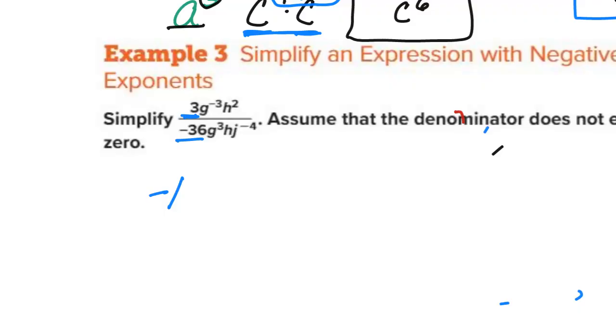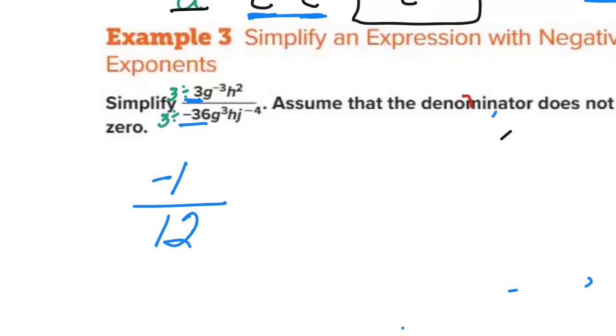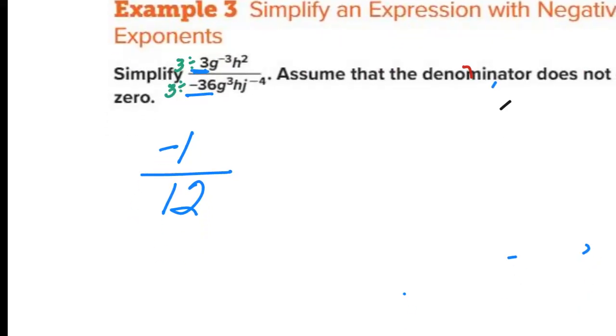Always check with the smallest number first. Does 3 go into 36? Yes. So divide by 3, and you are going to get 1 over 12. Because 36 divided by 3 is 12, and I'm going to put the negative, I always like to put the negative with the numerator.